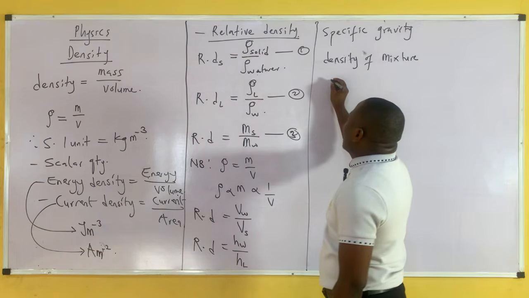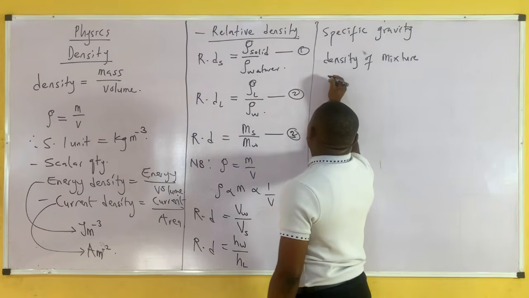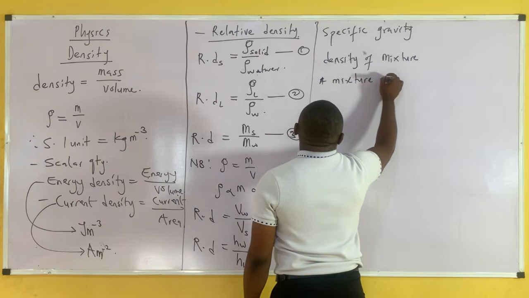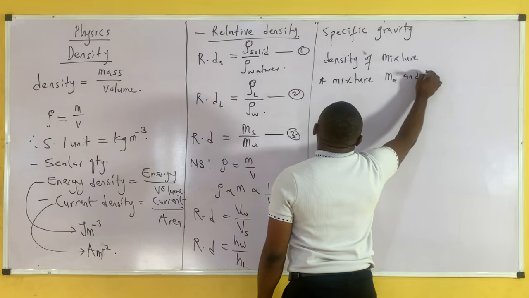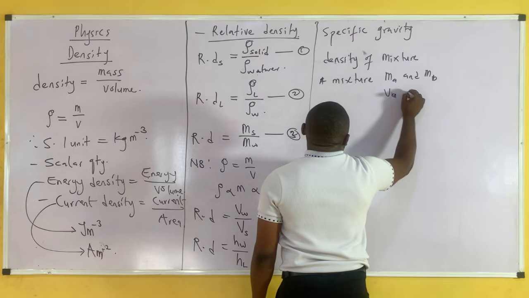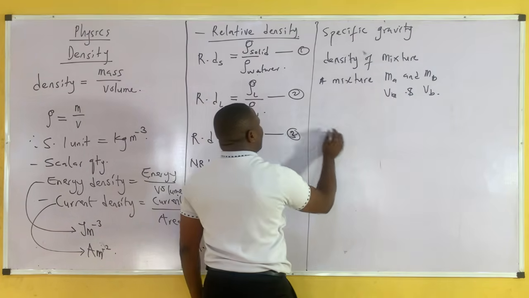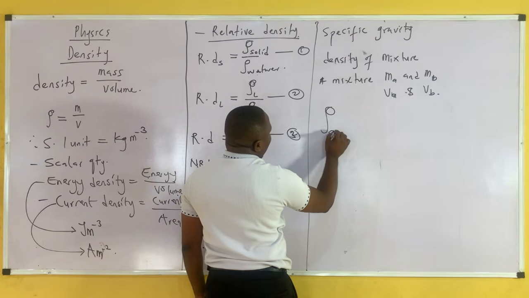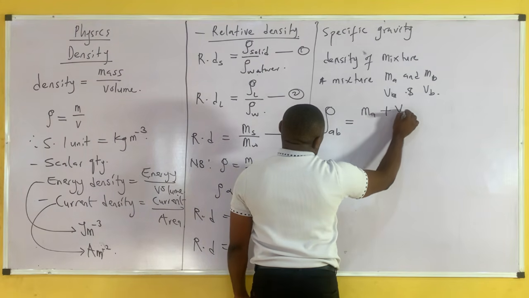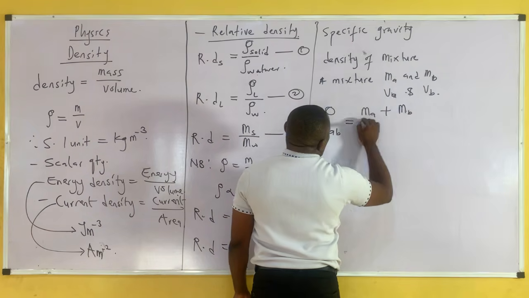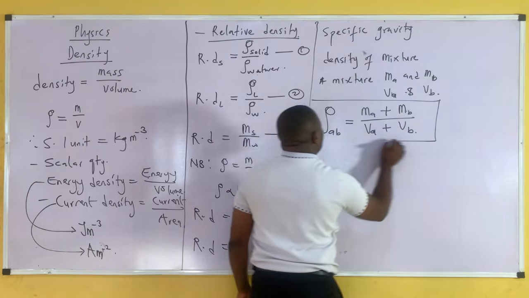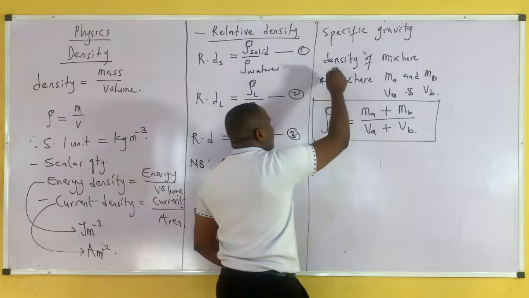Let's assume that a mixture contains mass A and mass B, and these have volume A and volume B. Therefore, the density of the mixture, AB, equals the mass of A plus the mass of B over the volume of A plus the volume of B. This is the formula to solve your density of a mixture.